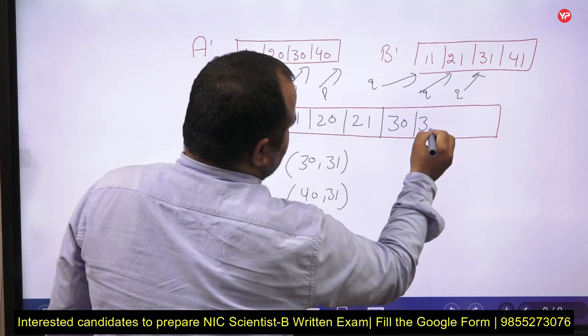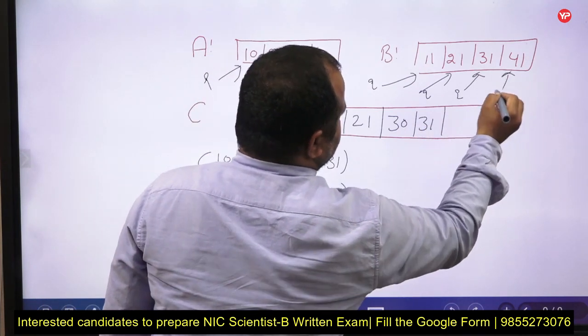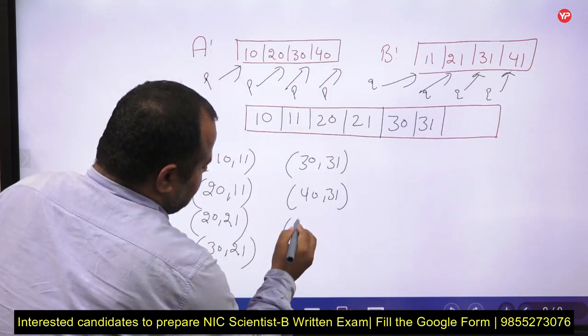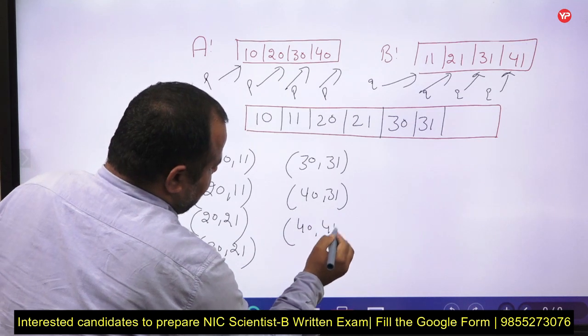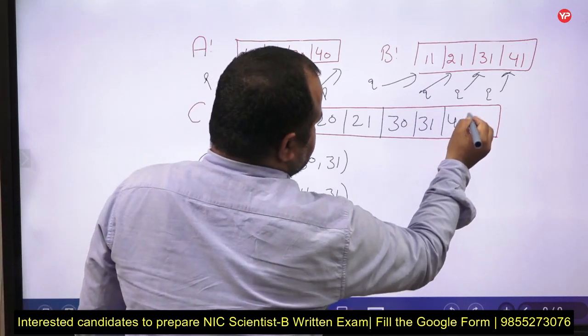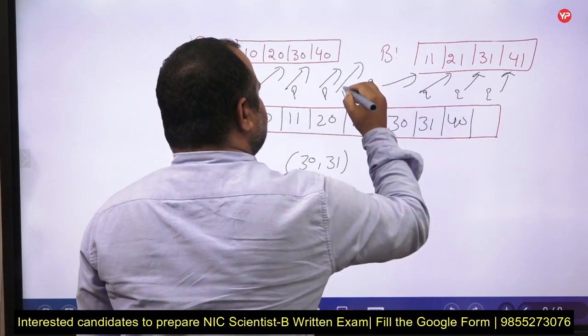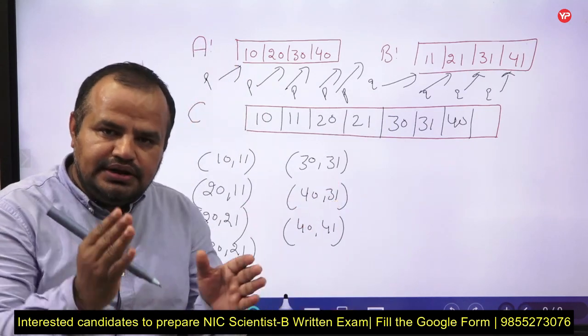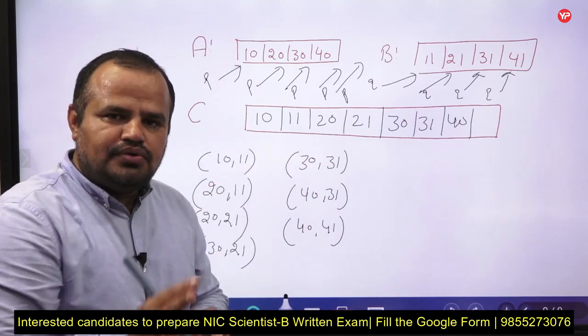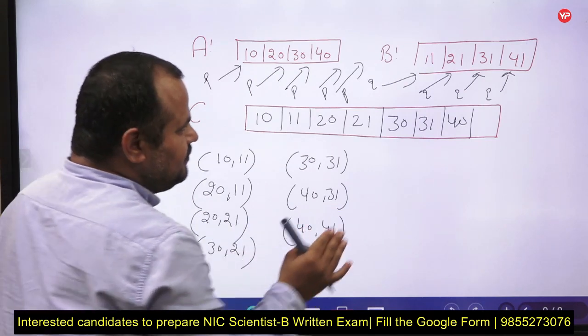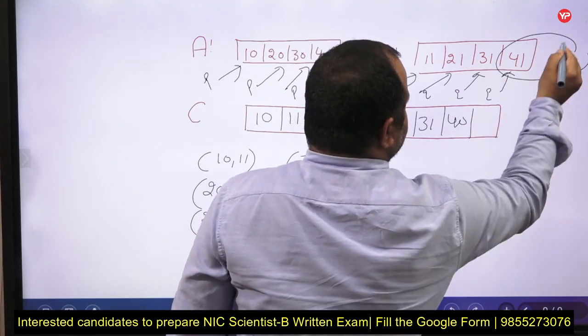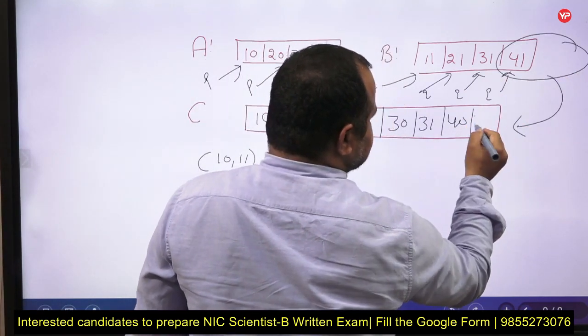So 31 is smaller, increment the pointer Q. Next comparison is between 40 and 41. So 40, I'll increment the pointer P, but now pointer P is out of its boundary. Fine. So what we have to do, all the remaining elements we will just copy and paste here.